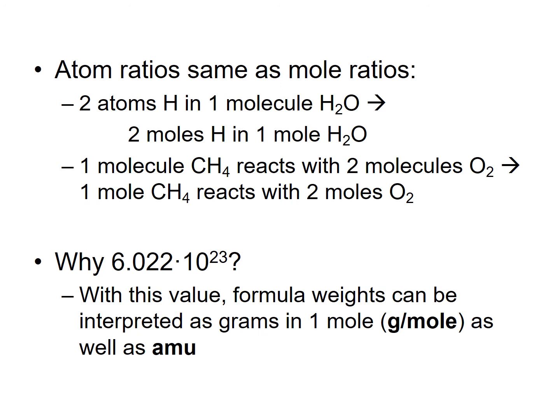So if we read the numbers in the periodic table as grams, then those numbers refer to the number of grams in 1 mole. So when we see a formula weight or an atomic weight, we can interpret it as being atomic mass units, or we can interpret it as being grams per mole.